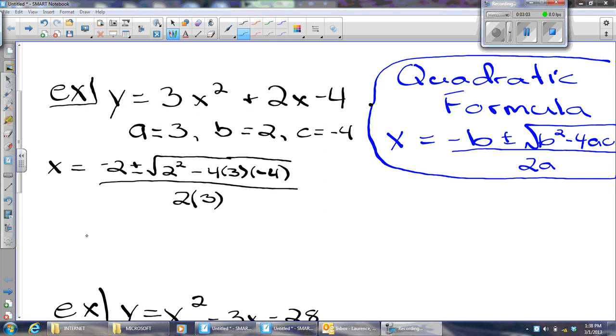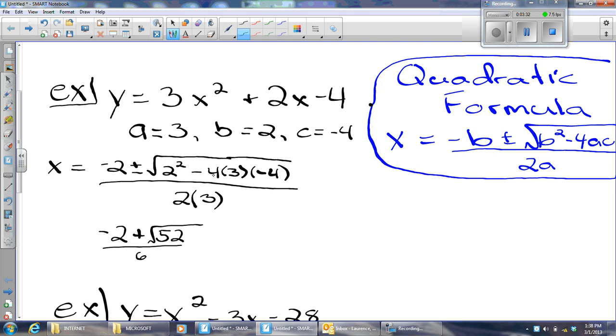Okay, so I'm not going to evaluate this entire thing, but I will break it down to negative 2 plus the square root of 52 over 6. So this 52 is the 2 squared minus 4 times 3 times negative 4.